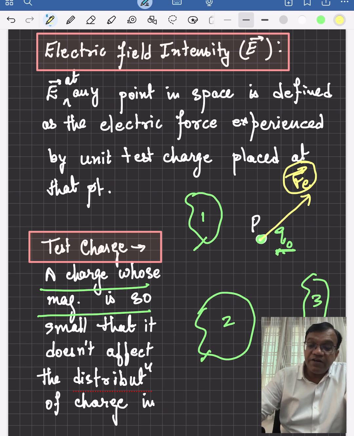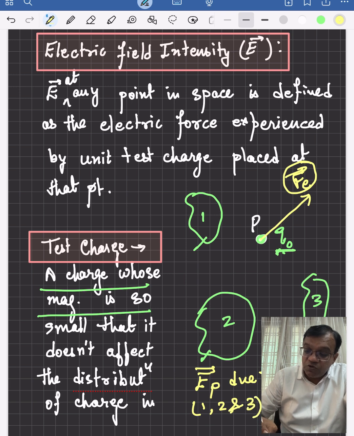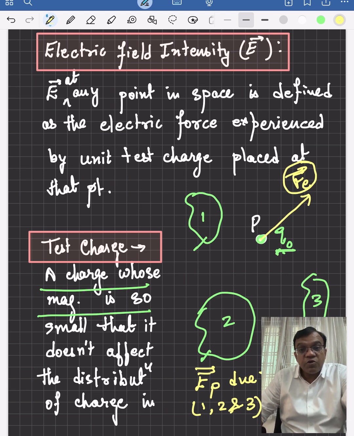Then after finding this electric force, we will say the electric field intensity at point P due to charge distributions 1, 2 and 3 together is equal to the electric force Fe divided by Q naught, where Q naught has to be tending to 0.